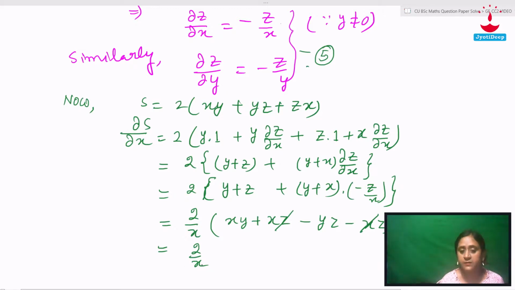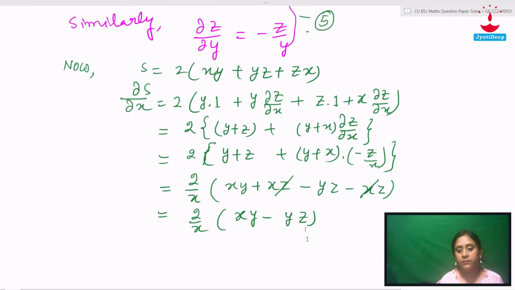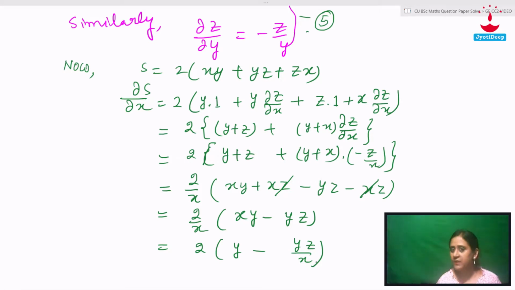So it will become xy minus yz. So we can write it 2 into, multiplying this 1 by x over this, we will get y minus yz by x. Okay. So here we got del s by del x. Keep patience while doing this type of sum, because if you make a single mistake, then all your efforts will be wasted.